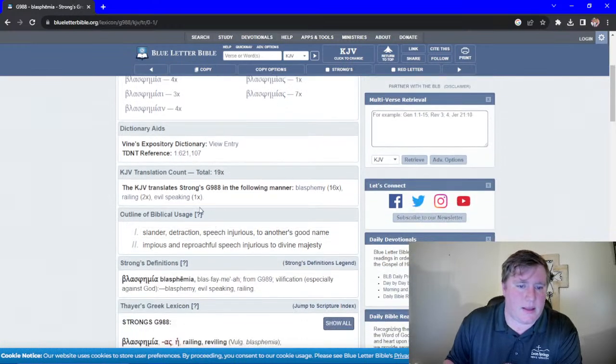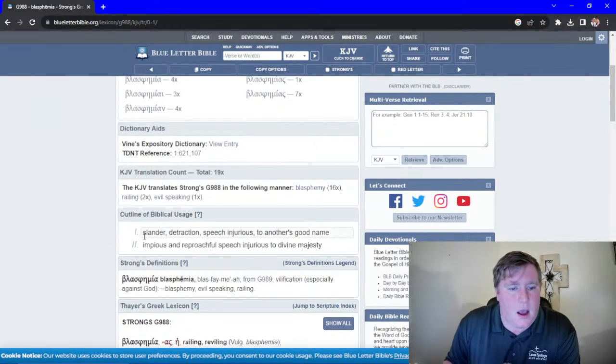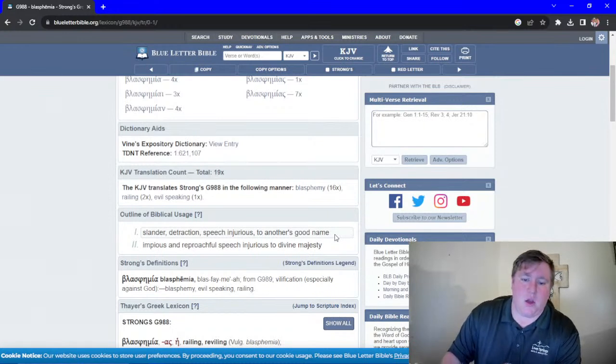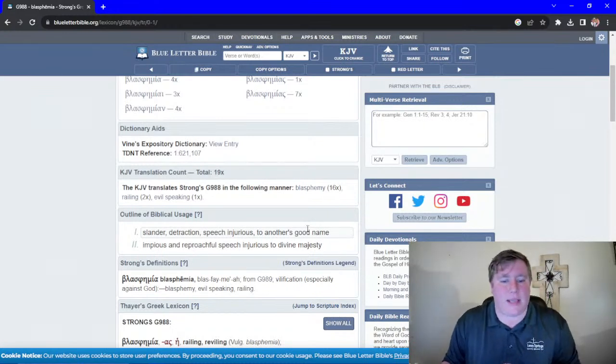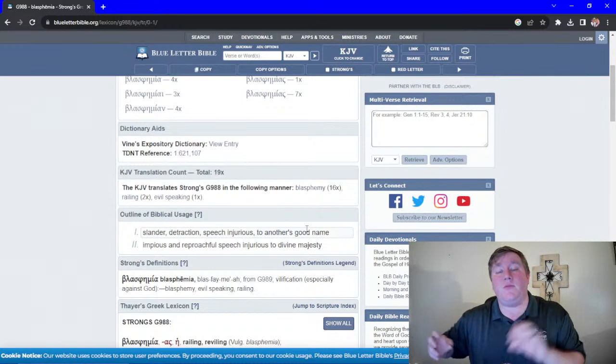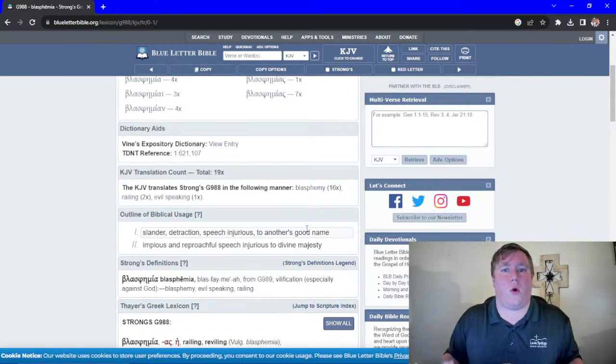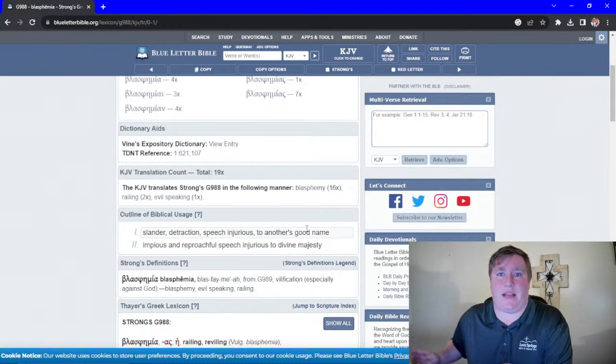Now, it has slander, detraction, speech injurious to another's good name. But it's also impious and reproachful speech, injurious to divine majesty. So there's two definitions. But what I'm looking at is that this word is singular. And in some translations, they have it as plural. The names of blasphemies. So is it the name of blasphemy or is it the name of blasphemies?